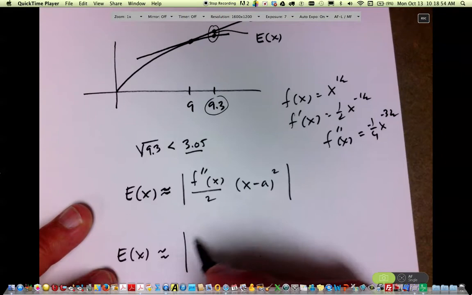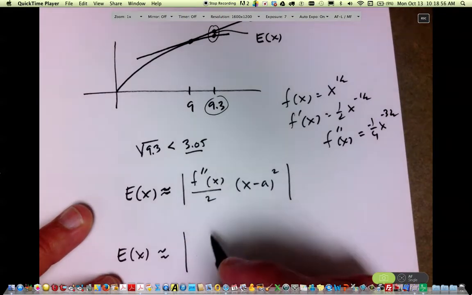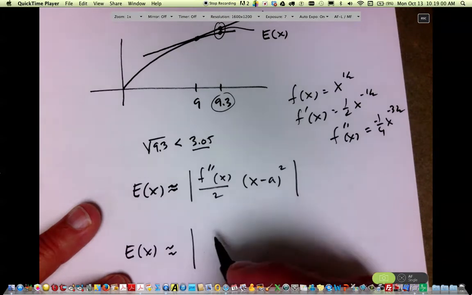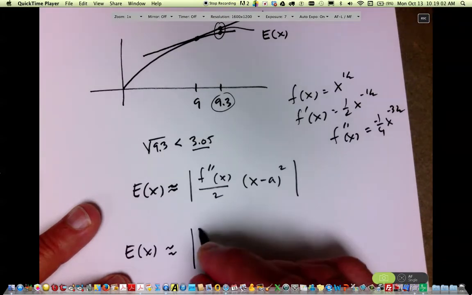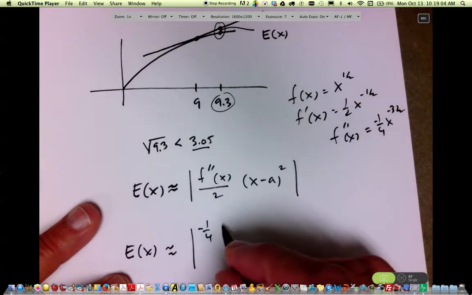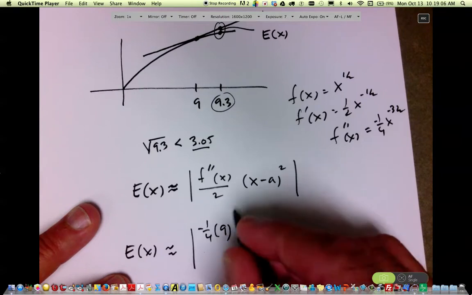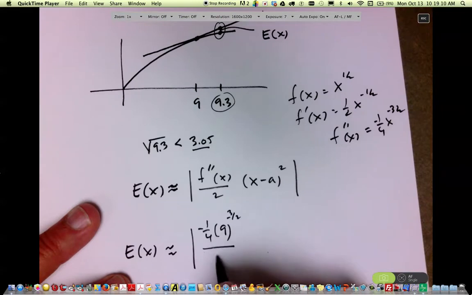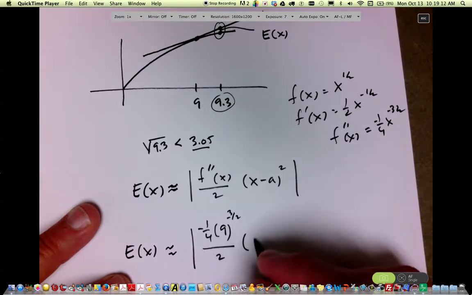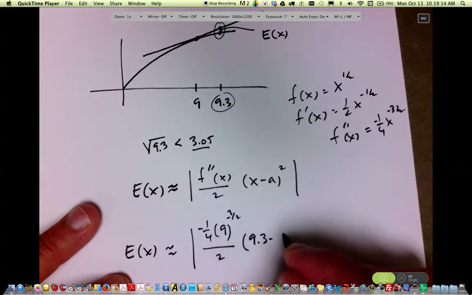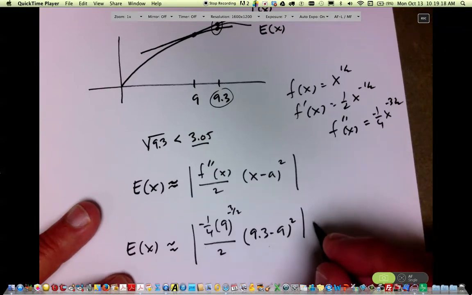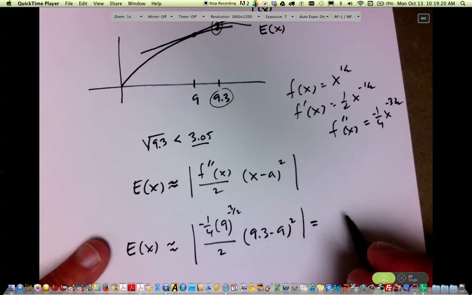So this f double prime of x, at x equals 9, gives negative 1/4 times 9 to the minus 3/2, divided by 2, times 9.3 minus 9 squared.